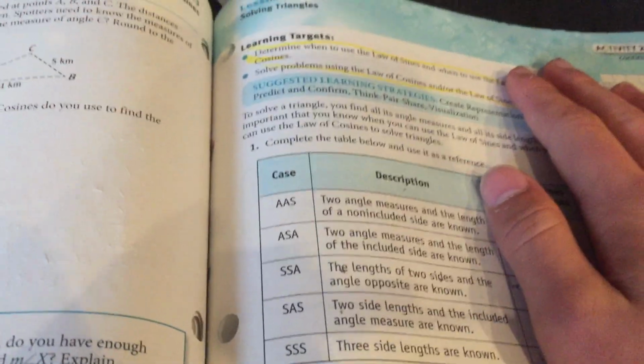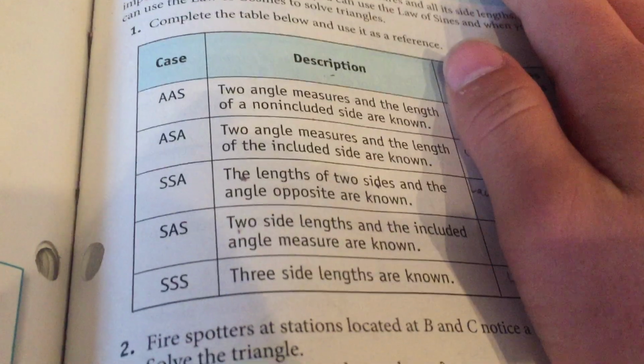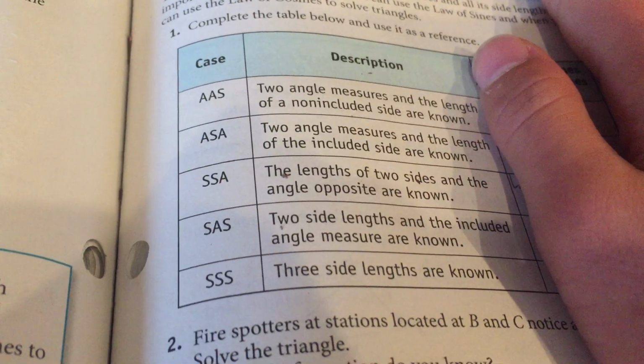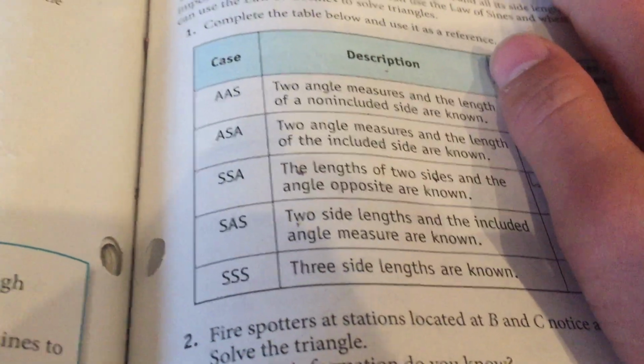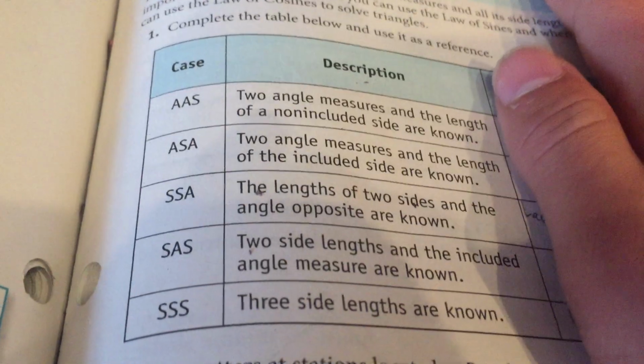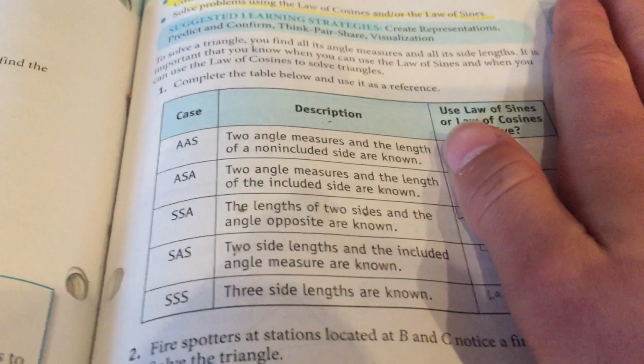I know you haven't had a lot of time to think about this, but pause this video, and draw triangles and diagrams for each of these descriptions and see which law you would use.